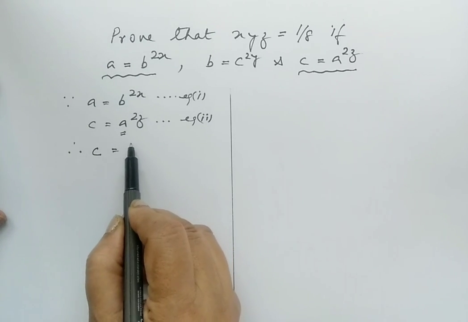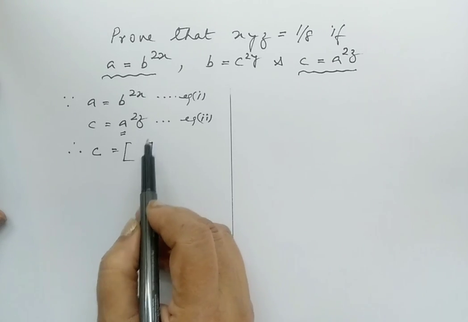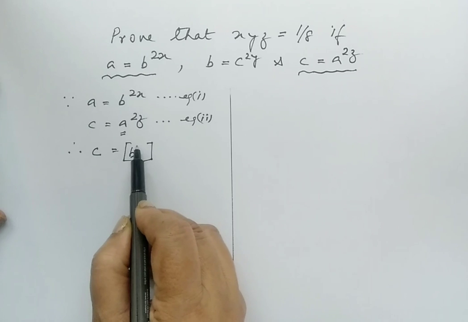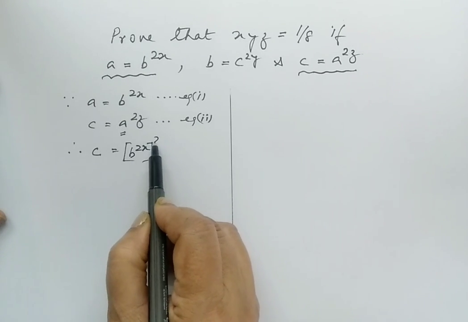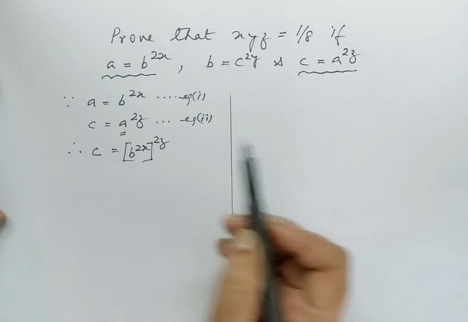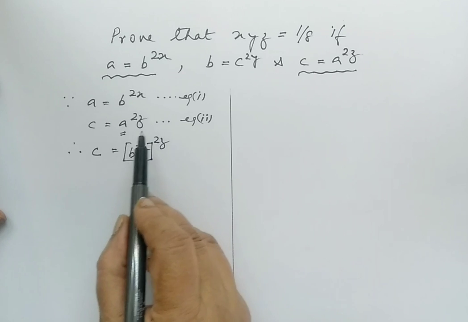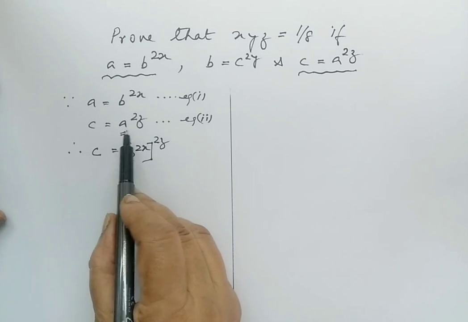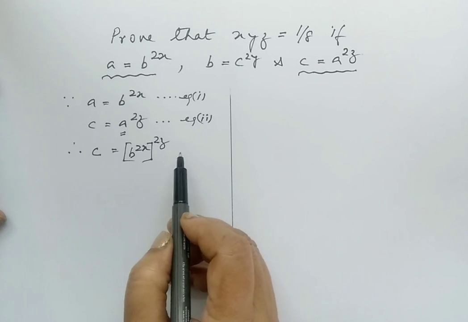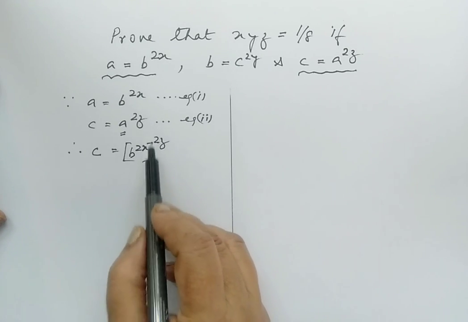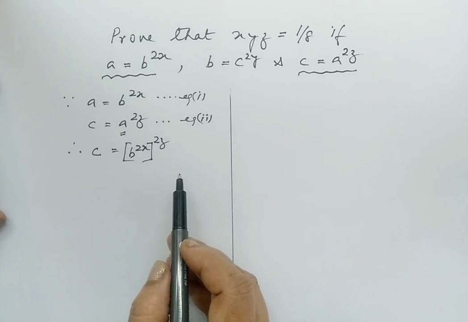So I'll try to be as systematic as possible, students. So here we can put in b to the power 2x, and again we have 2z. As usual, c equals to a to the power 2z, and for a we know it is equal to b to the power 2x. Alright, so this is the outcome of these two equations put together.